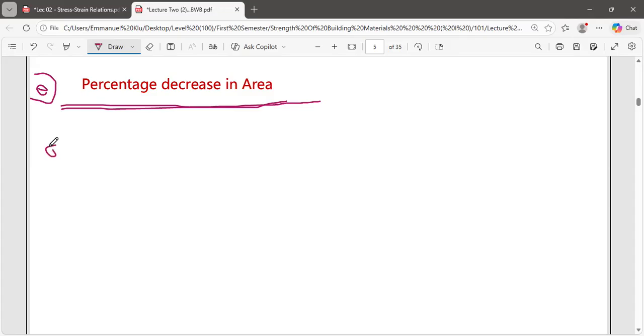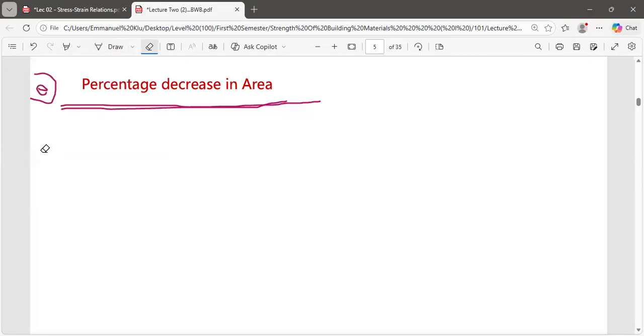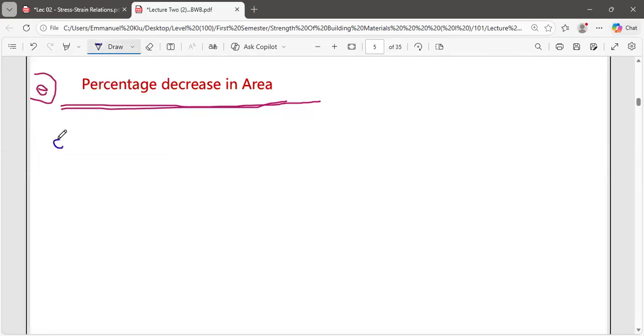So this is our percentage decrease in area.